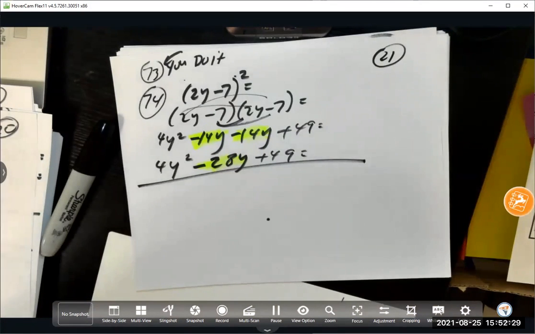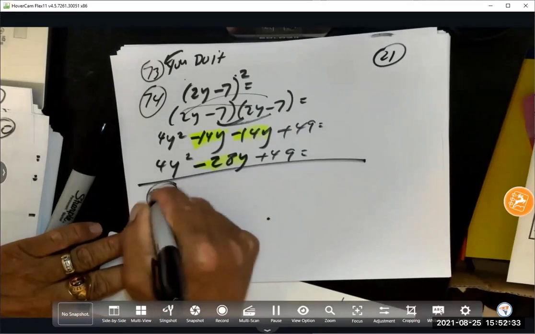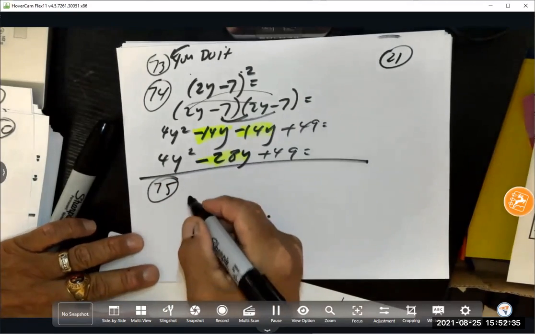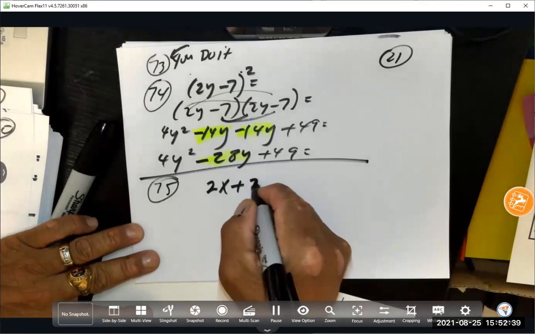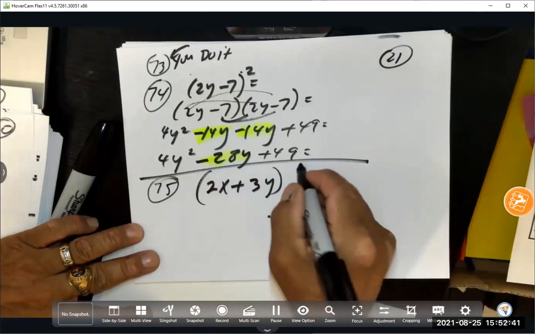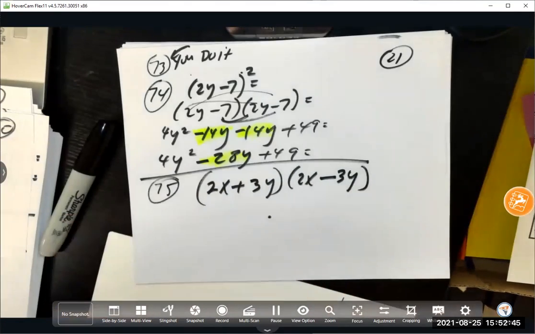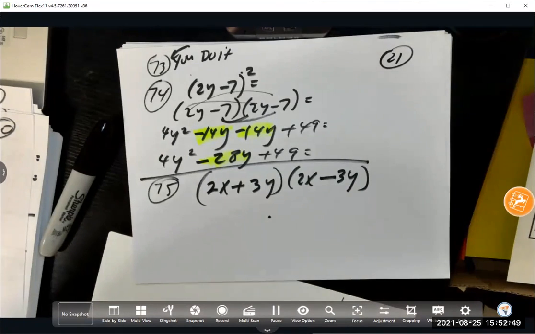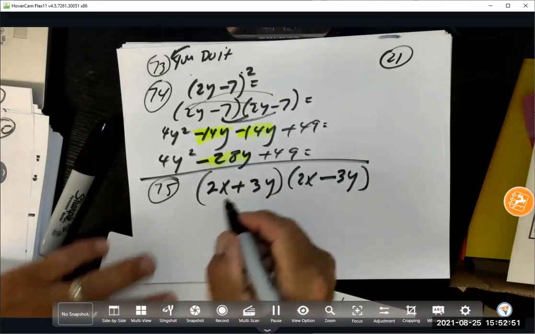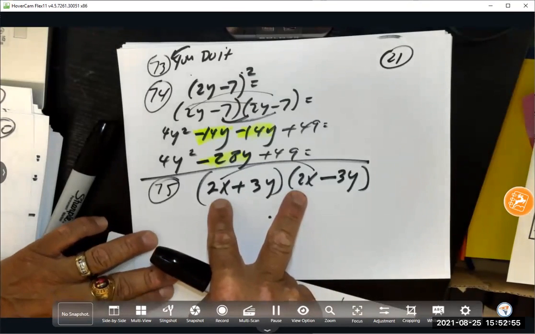I'm gonna go to number 75, okay? We're almost there. 2x plus 3y and 2x minus 3y. So there's my problem. What do you think? What's 2x times 2x? 4x squared.